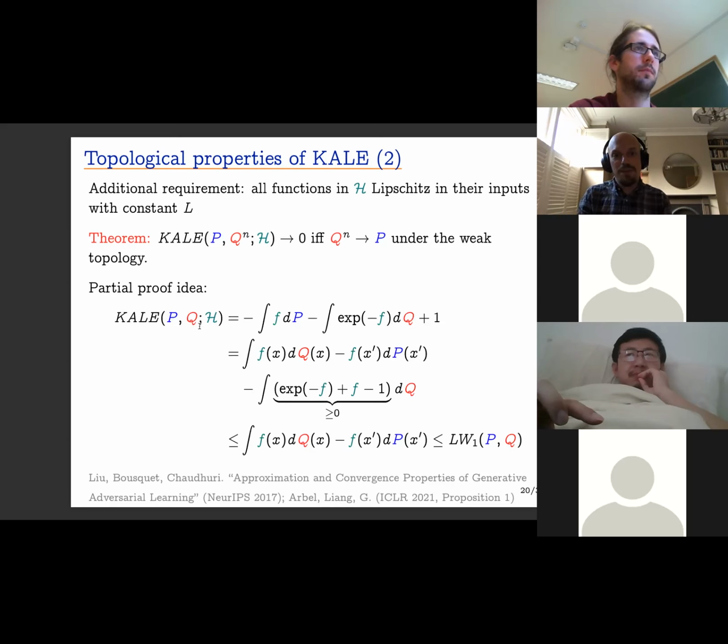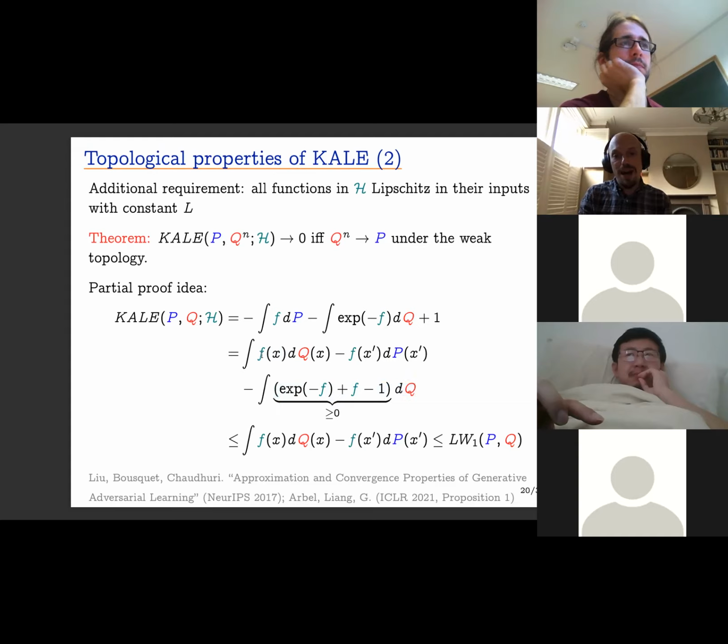Okay, here is my KL. In the case of the KL, I've got minus the integral of F dP minus e to the minus F dQ plus 1. Then what I'm going to do is add and subtract the expectation of F. I'm going to add it here, and subtract it off here. Then I remark that this quantity here is non-negative, so its integral is non-negative.